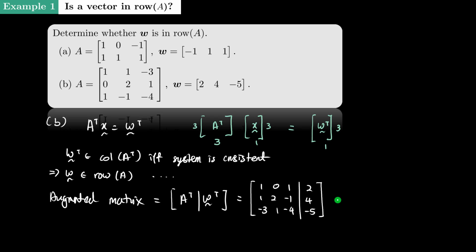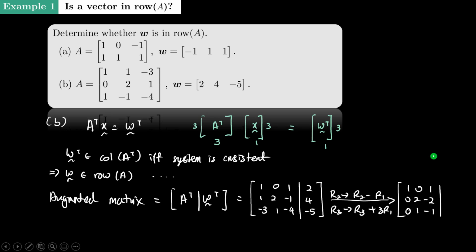This can be row reduced to: row 2 becomes row 2 minus row 1, and row 3 becomes row 3 plus 3 row 1, and that will give us 1, 0, 1, 0, 2 minus 2, 0, 1 minus 1, augmented by 2, 2, 1.